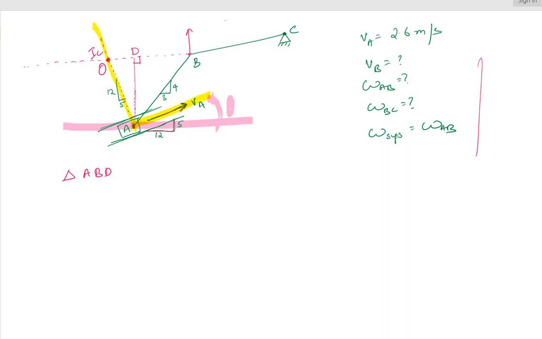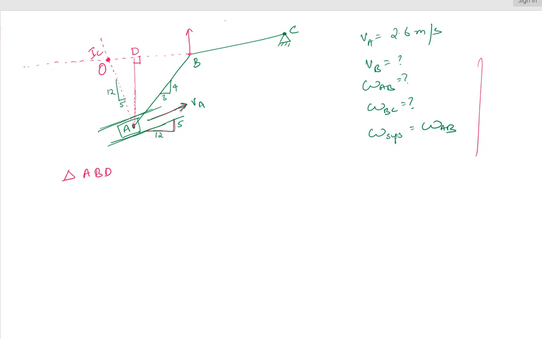If this short leg of this L merges with this pink line, with the horizontal, then the long arm of this L will merge with the vertical line, right? So that's why these two angles would be the same. All right, let me go ahead and erase these. You can also convert it into degrees if you like, but I think it's easier to leave it like this and use the ratios.